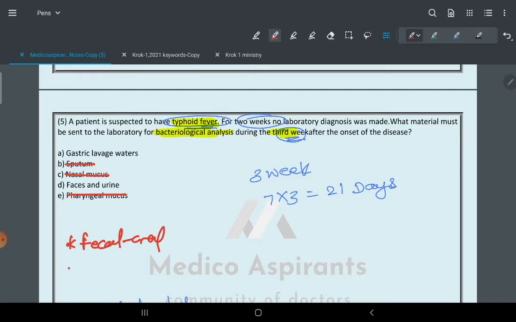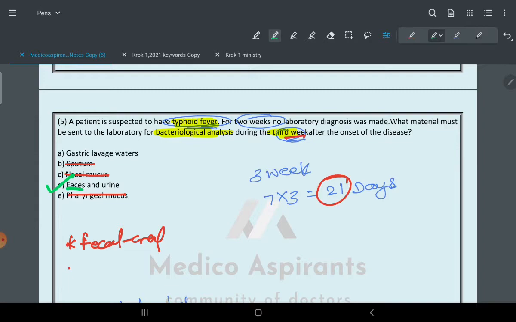Now what is the next thing which is supposed to be taken? Two options are left, because it is a fecal-oral transmission: either it can be gastric, or it can be feces and urine. Third week means it is 21 days. So if you use a little bit of sense, you will get the answer: feces, and urine. Mainly feces is going to be the answer.